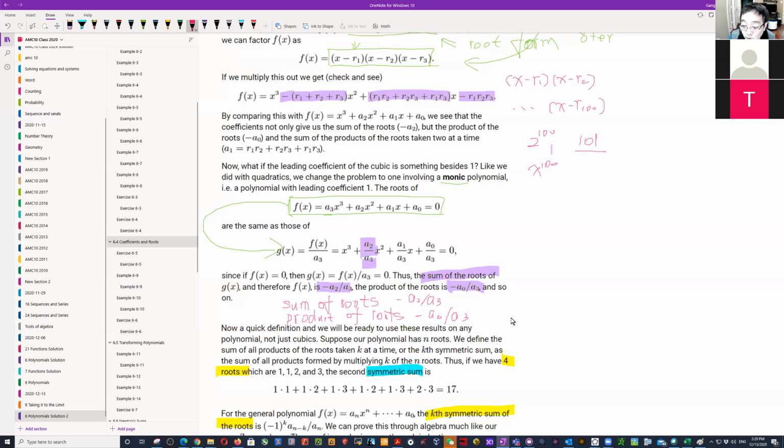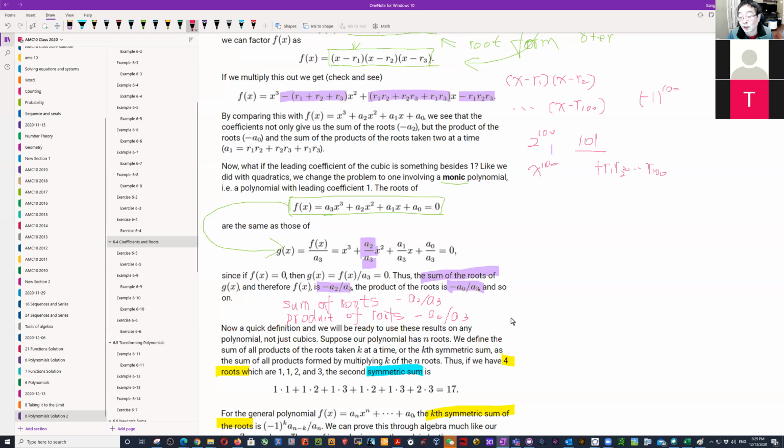Because you have 100 roots multiplied together with negative signs, basically it is R1, R2, multiplied all the way to R100, because you have 100 negative signs put together.